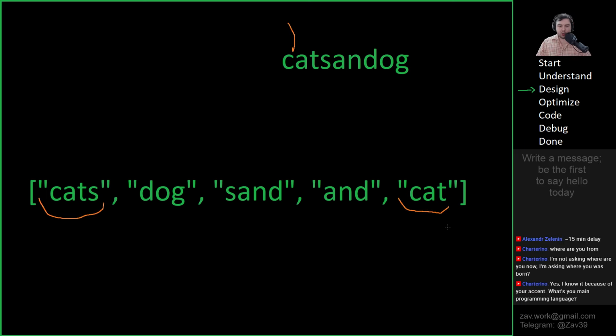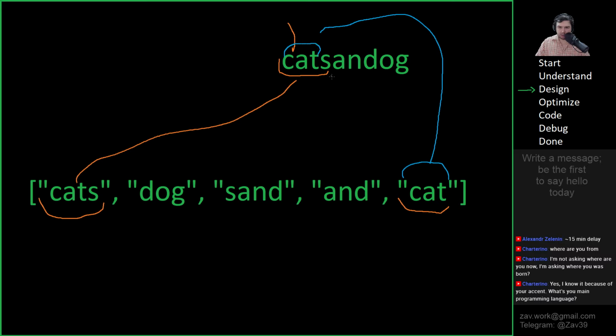Which one can we choose? We can choose cats, or we can choose cat. After this, for example, we go with cat, the smaller one. We start with the letter S, so we are left with sand only, since only sand starts with S. So we can go with sand in this case, and then we are left with og.